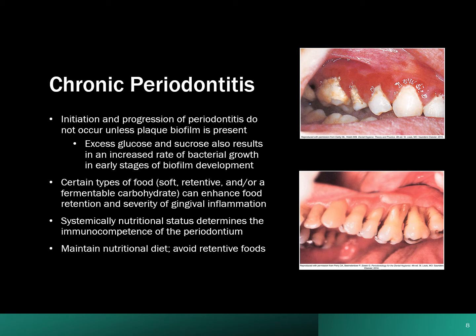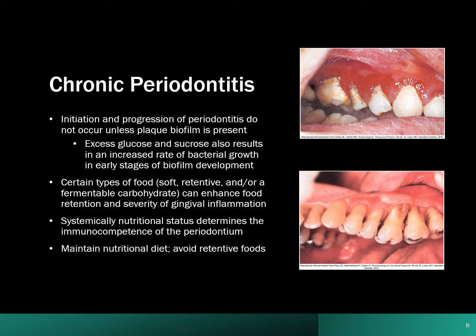As far as periodontitis goes, the initiation and progression of periodontitis does not occur unless plaque biofilm is present. Okay, that bacteria has to be present. And this bacteria will actually grow faster if there is an excess amount of glucose and sucrose. Certain types of food, like soft, retentive, and/or fermentable carbohydrates, can enhance food retention and severity of inflammation.